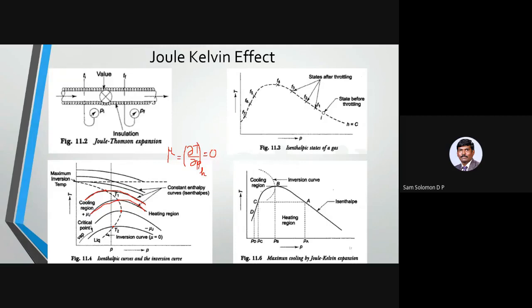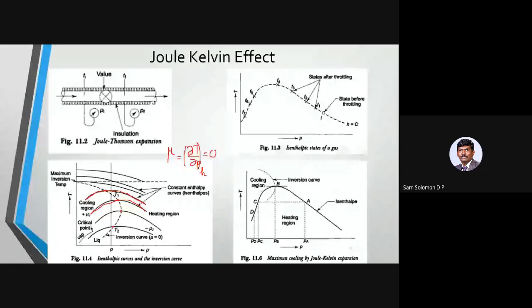To the left of the curve, you have got the cooling region. That means if the curve is moving towards the left, you will end up getting cooled. And if you are moving towards the right, you end up getting heated. So to the left, you have got cooling region, and to the right, you have got heating region.